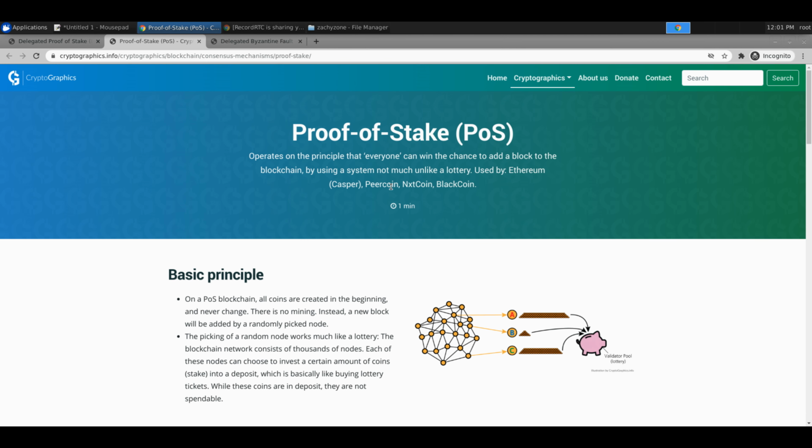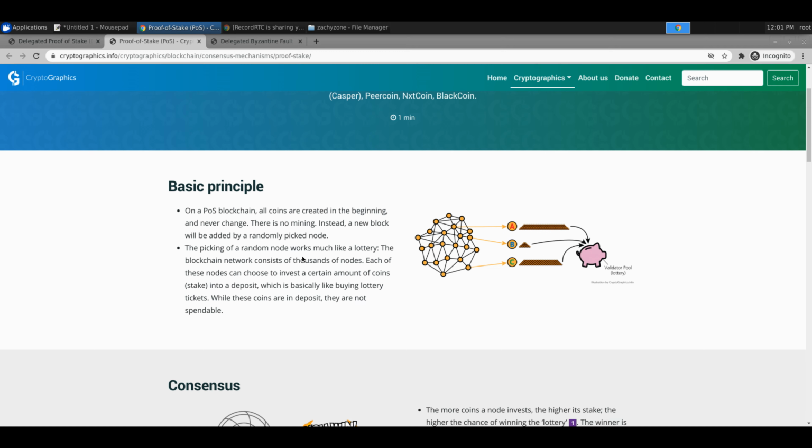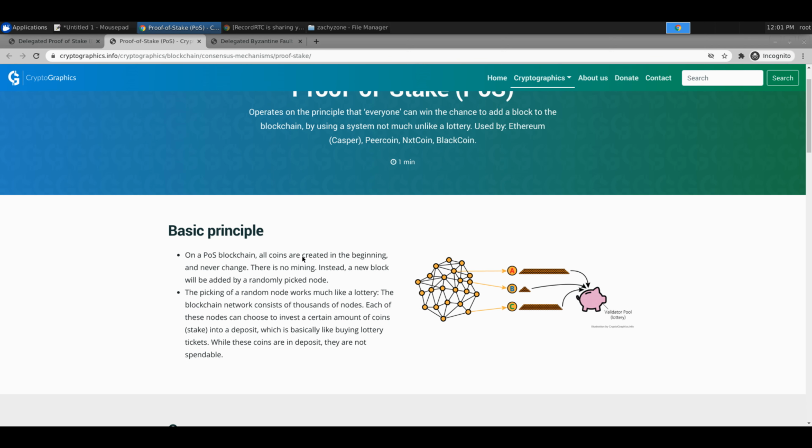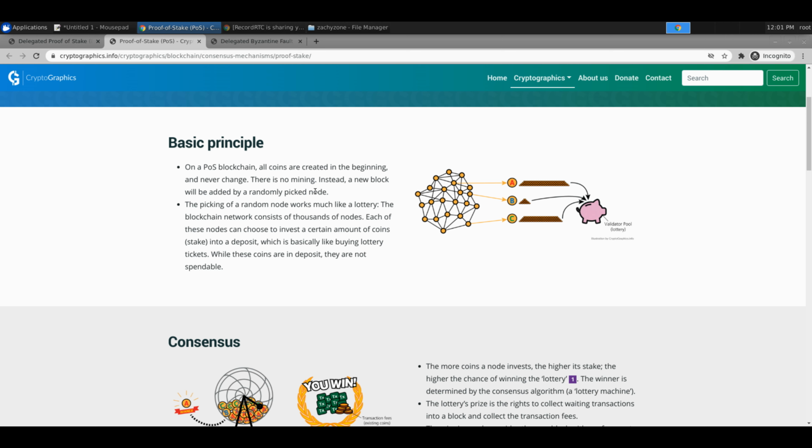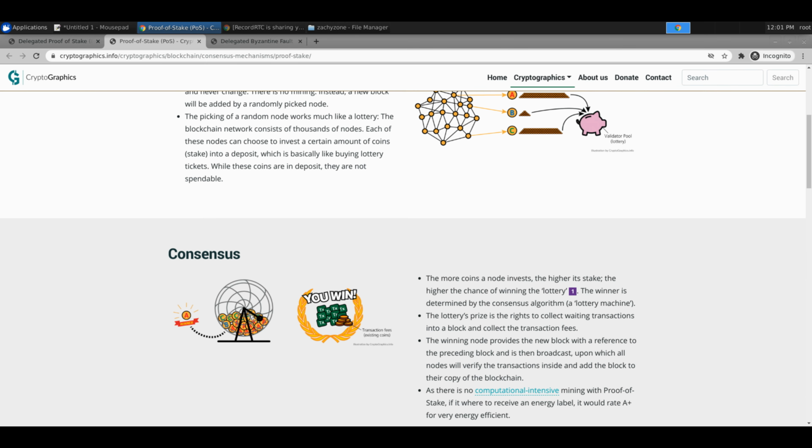So then proof of stake builds on that concept. Instead of making it expensive, where you have to have machines and stuff, it's just how many coins you have. You stake them. You can see different people have different amounts of coins there.